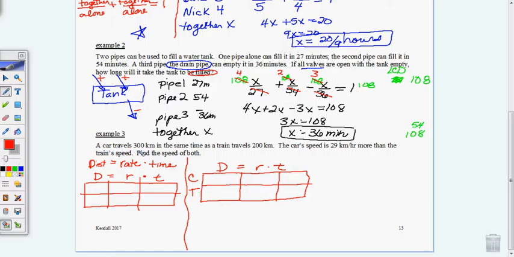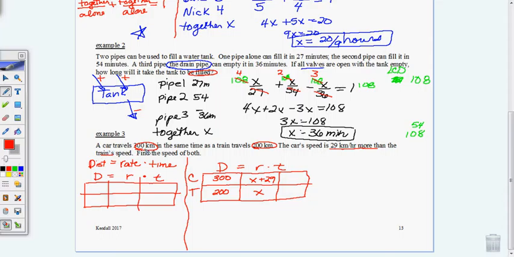The car travels 300 kilometers in the same time a train travels 200 kilometers. The car's speed is 29 kilometers more than the train's. Do I know the train's rate? Nope. Train's rate is x. Car's rate is x plus 29.